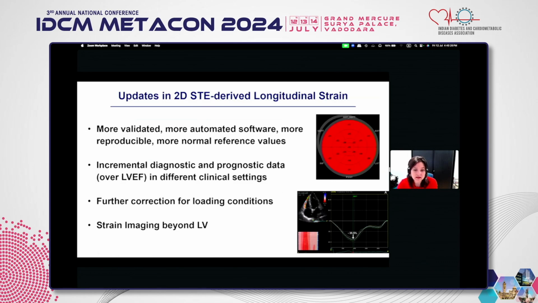The first one is certainly that this measure has been much more validated. Automated software has been introduced to make it easier to implement in the routine of an echo lab, and therefore it has also become more reproducible. And we have all the reference values that we can use in clinical practice.